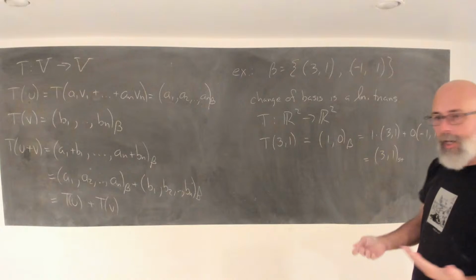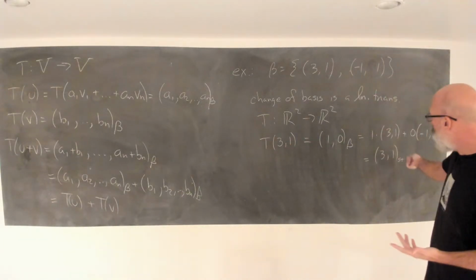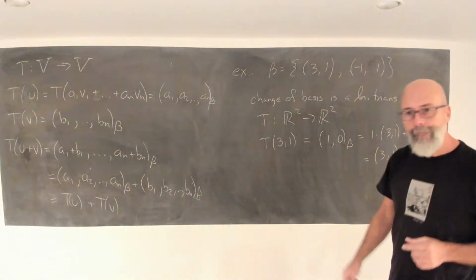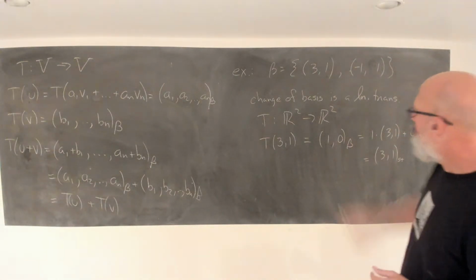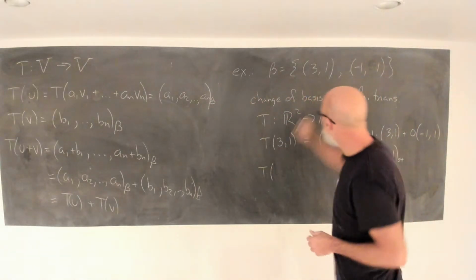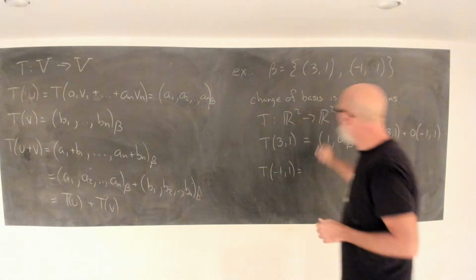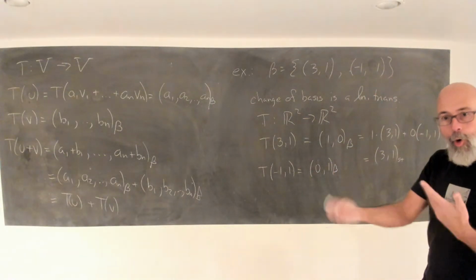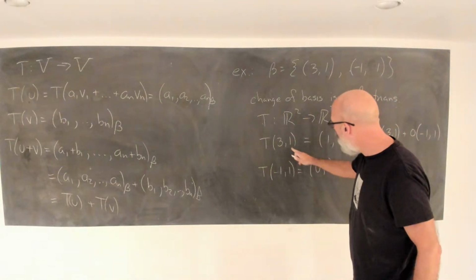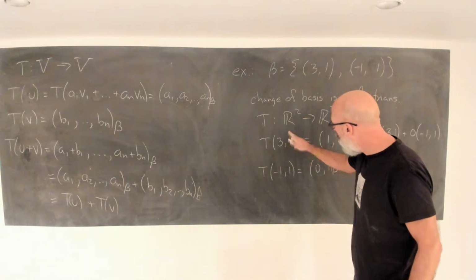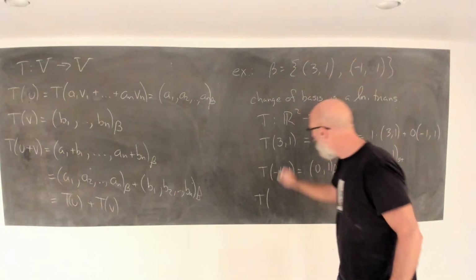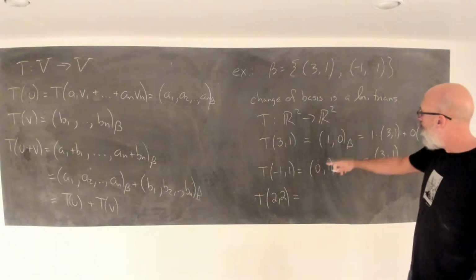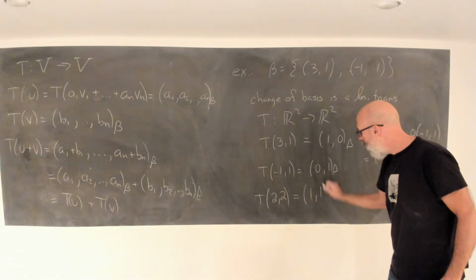So it's just rewriting the elements from standard to the basis B. Similarly, your transformation would send (minus 1, 1) to the vector (0, 1) in B. And so on, right? Maybe if we add the 2 here, it would send the vector (2, 2) to this sum, which is the vector (1, 1).